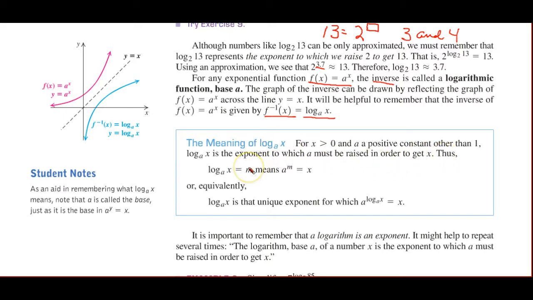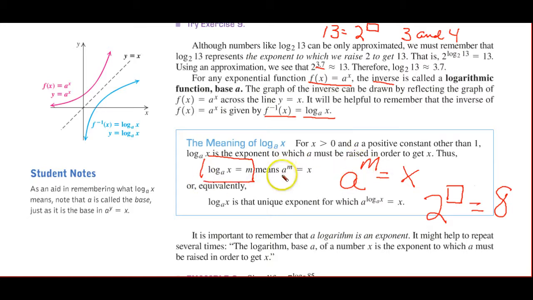So, interpreting this, what does that mean? Well, again, it means this, but what does this mean? Well, again, think of an example. If you ever get stuck, just write this little example out. 2 is your base.